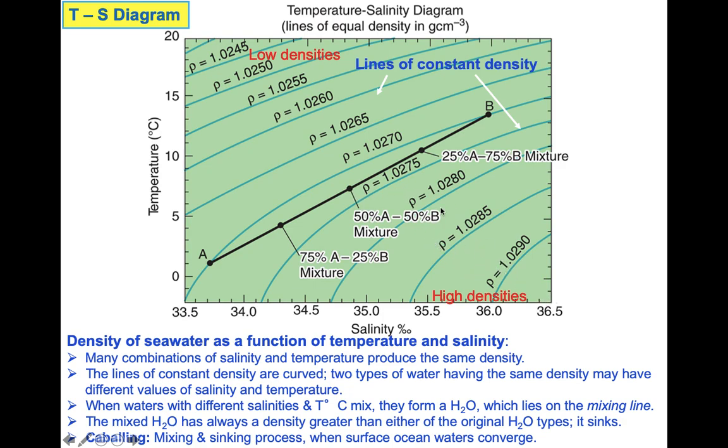So this is the high density part of ocean water, and that is the low density part of the ocean water.